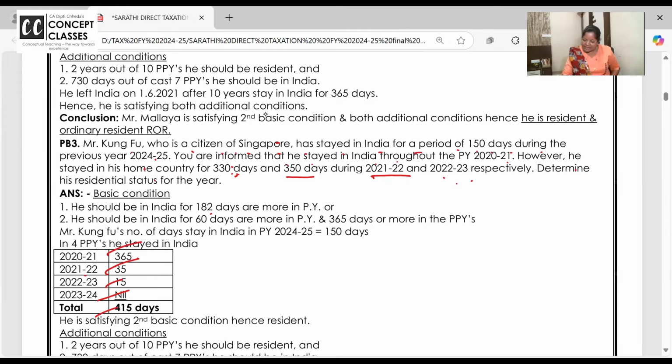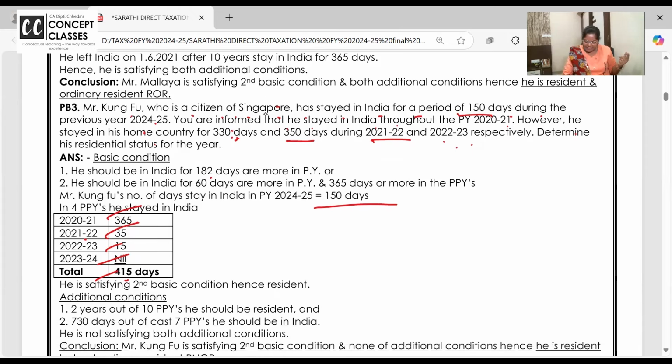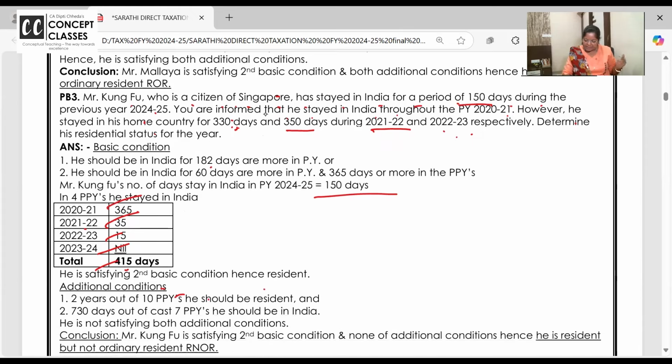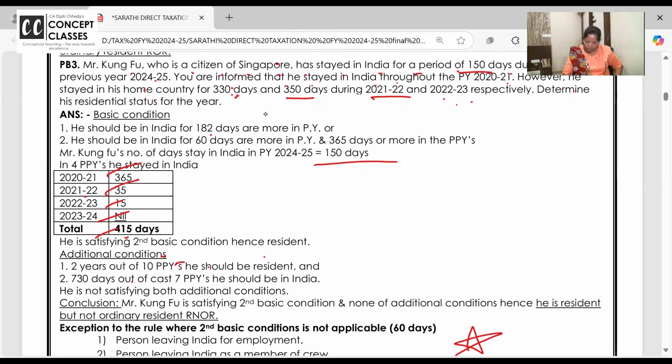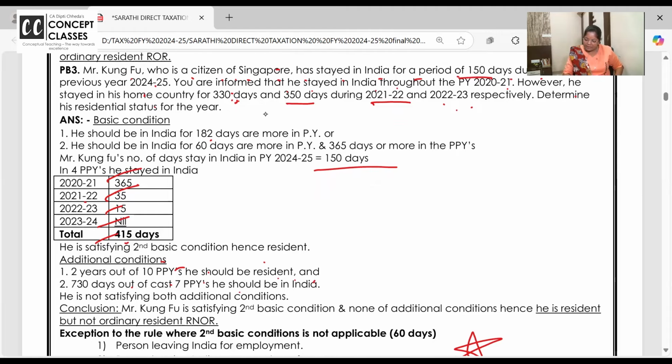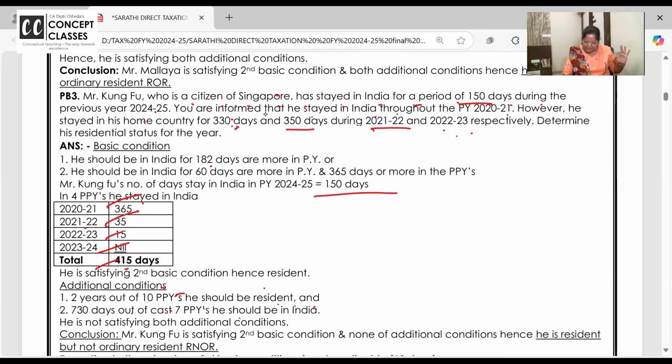So he was there in India for 150 days or more in the financial year and for 15 days. So is he satisfying second basic condition? Yes. He is resident. Now additional condition. 2 out of 10 years he should be resident. And total only he is in India for 415 days.